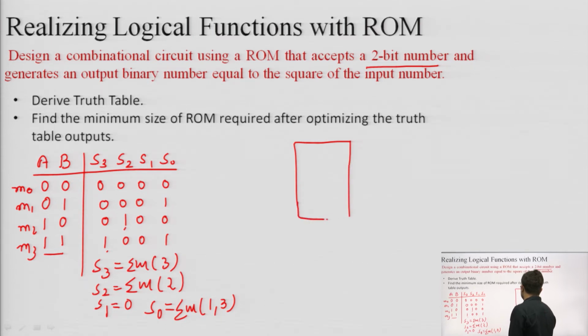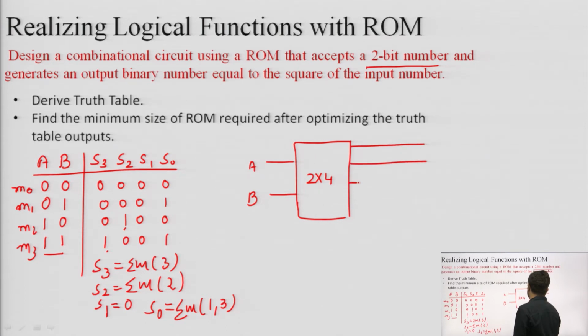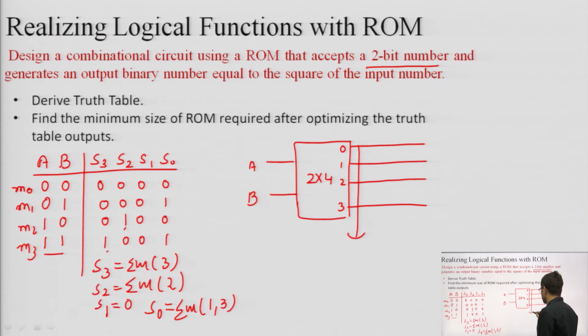There will be a 2 cross 4 decoder, the 2 inputs will be A and B, and the 4 outputs will be 0, 1, 2, 3. S3 will require an OR gate, so S3 is this.